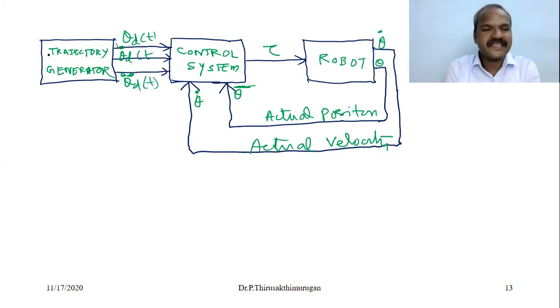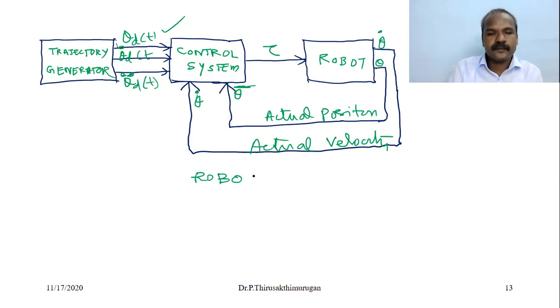The trajectory generator generates the desired position: what position the robot should move to, the desired velocity: at what velocity the robot must perform, and the desired acceleration: at what acceleration the robot must operate. So these are all feedbacks. This is a simple closed loop robot control system.